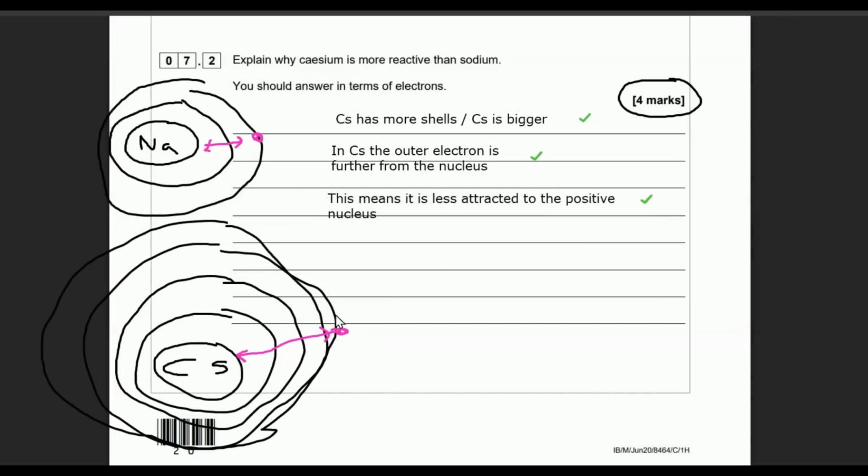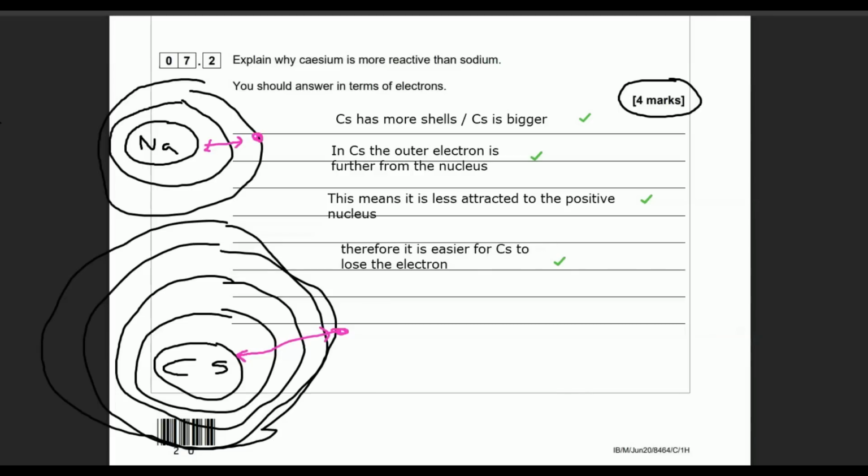And what we can write here is, therefore, it is easier for cesium to lose the electron. So it's more easily lost. And that's your fourth mark. So you've really explained it, that it's bigger or has more shells. The electron is further, so feels less attraction, so is more easily lost.